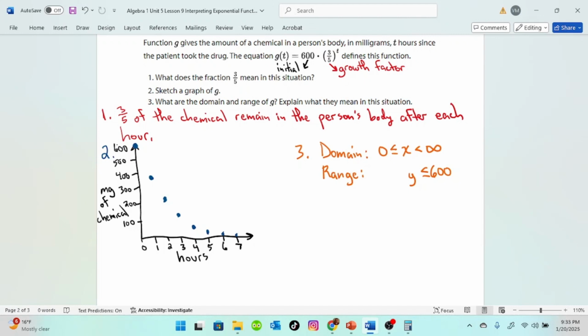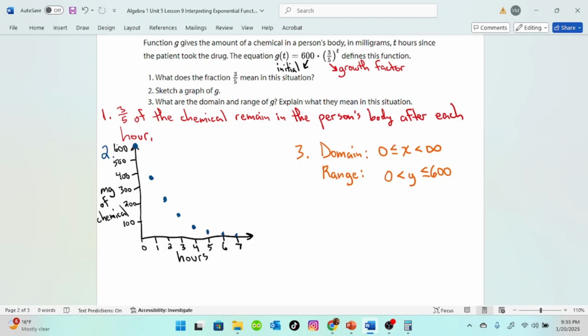And then we always get closer and closer and closer to 0, but we never technically hit it mathematically. So we'll use just a less than symbol and say 0. Since we never actually reach it, we're not going to include it.